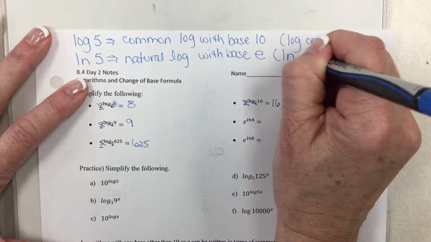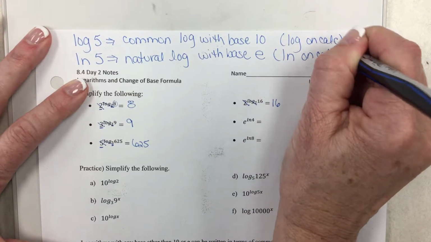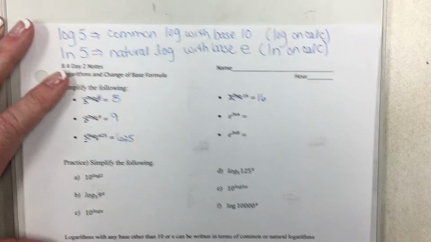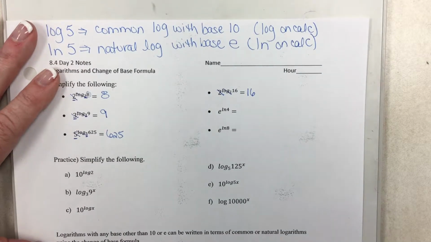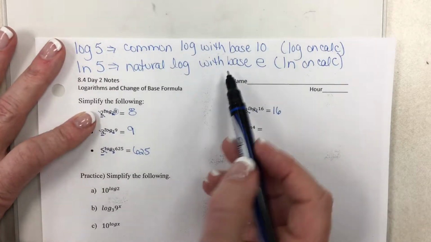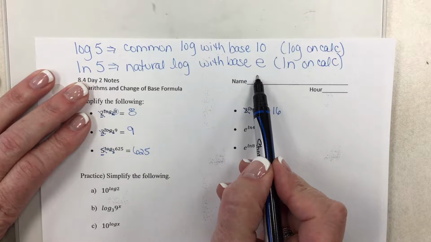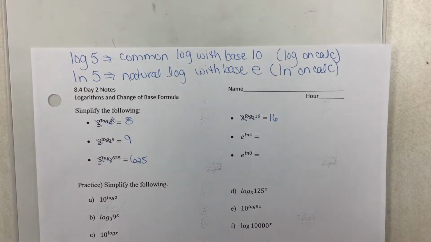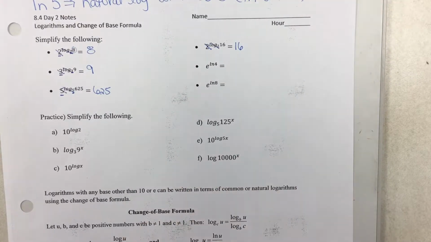That is ln on your calculator. So there are 2 buttons on your calculator. log, that's common log. ln, that's the natural log. Common log base 10, natural log base e. All right, knowing that and refreshing that, let's go back to these problems right here.